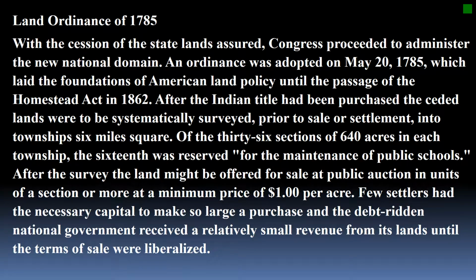The system started with the Land Ordinance of 1785. Thomas Jefferson was actually aware of the great potential benefits offered by land in the West. A growing population in the original states, now largely free from British rule because it was right after the Revolutionary War, was being pushed into these areas.